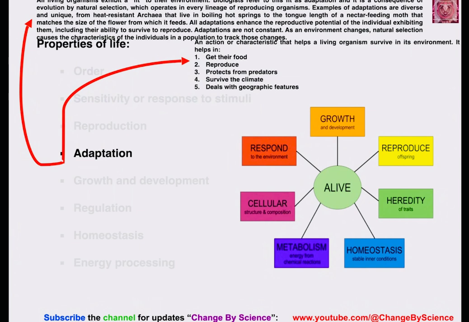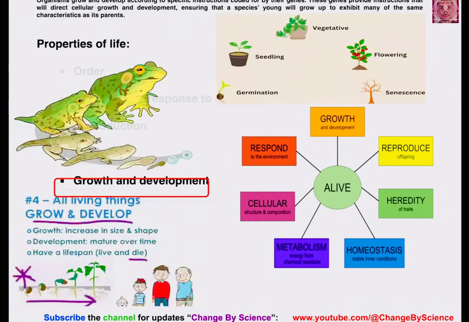All the adaptations enhance the reproductive potential of the individuals exhibiting them, including their ability to survive to reproduce. Adaptations are not constant. As an environment changes, natural selection causes the characteristics of individuals in a population to track those changes. Now, the next property of life is growth and development.